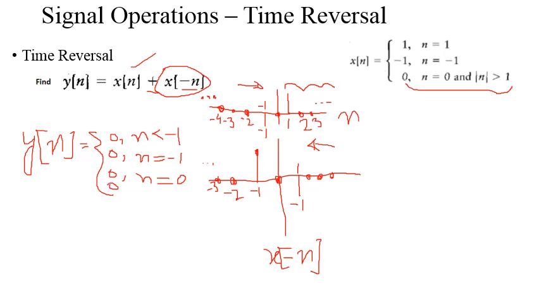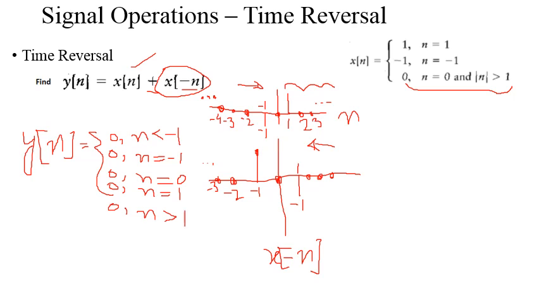So that means the resulting signal y of n will be 0 when n equals 1. And for other values, that is n equals 2 up to infinity, this signal is 0 and this signal is also 0. So that means this is equal to 0 for n greater than 1.